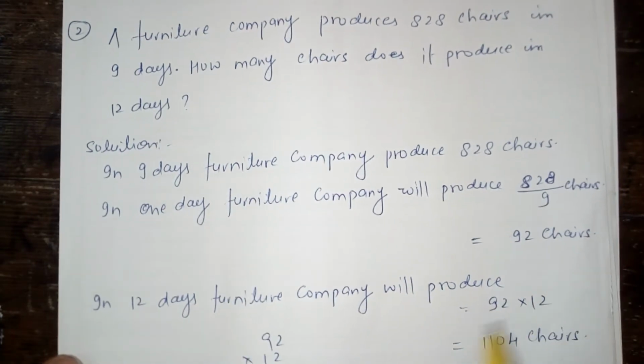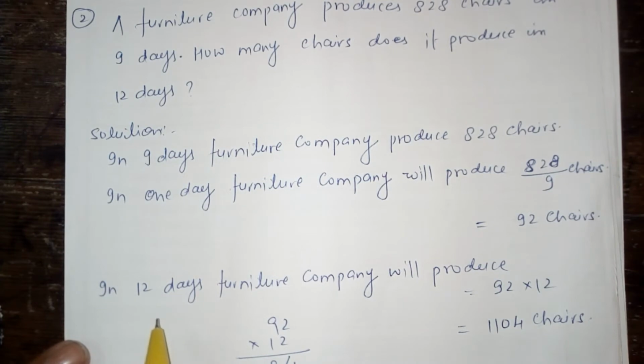Now again your required question is: in 12 days. In 12 days the furniture company will produce 92 into 12.